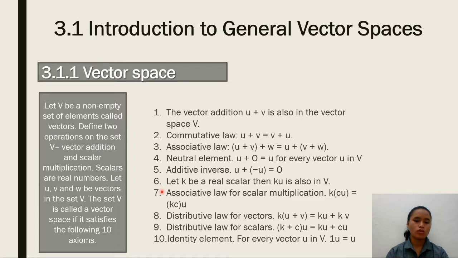Associative law for scalar multiplication. 8. Distributive law for vectors. 9. Distributive law for scalars. And finally, 10. Identity element for every vector u in V.